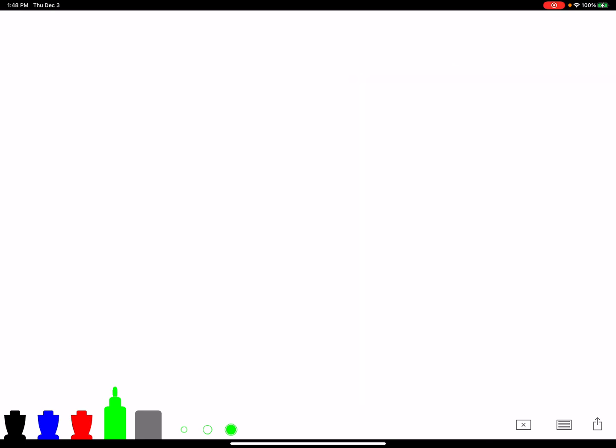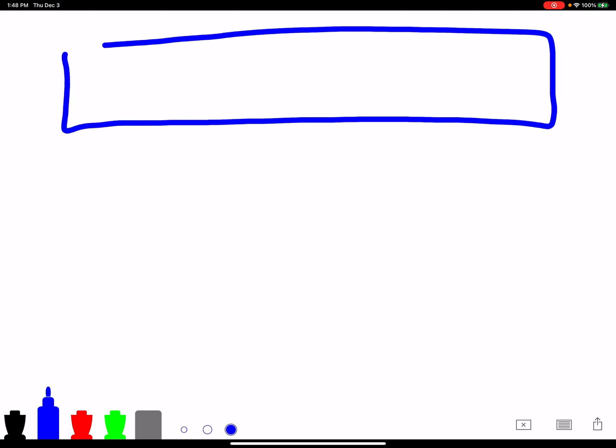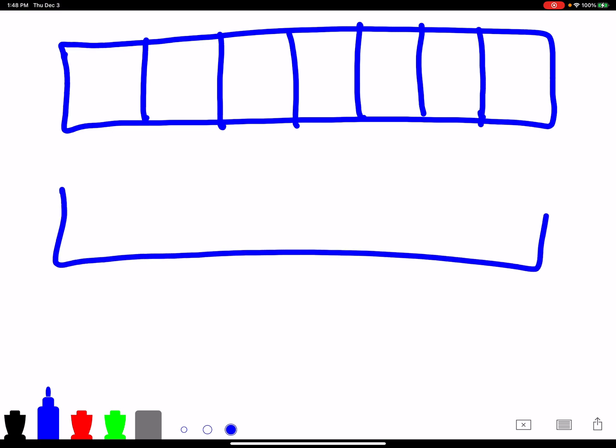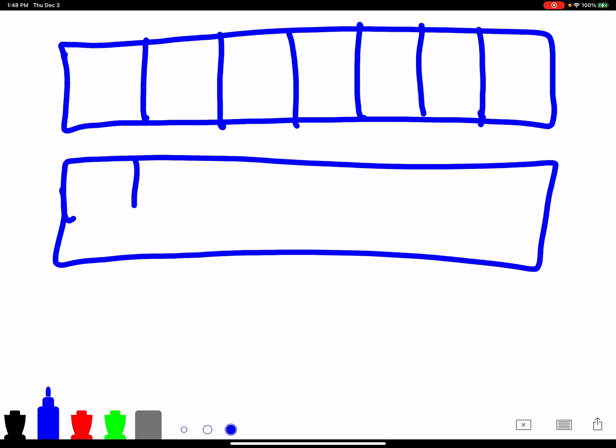But in your textbook, you're going to see blocks that look like this. So they might have 1, 2, 3, 4, 5, 6, 7 pieces, and you might have to add 7 more pieces.